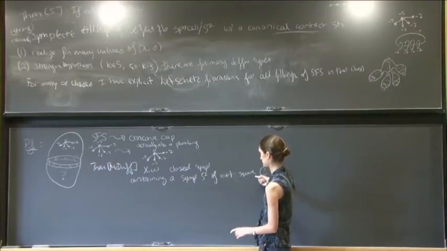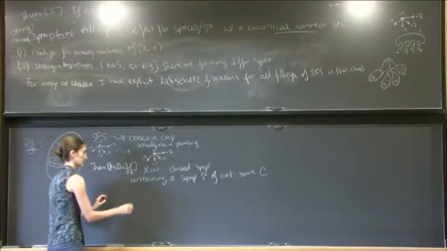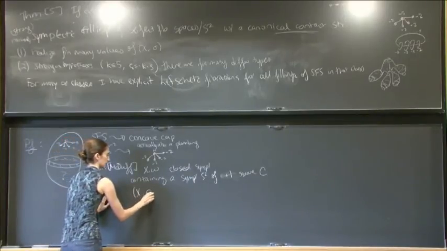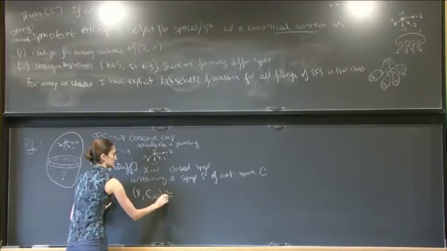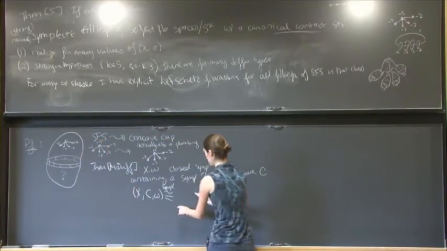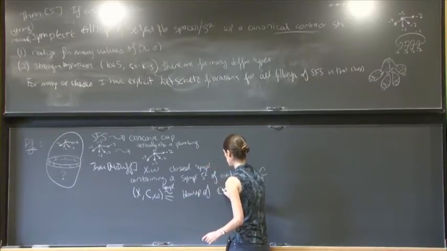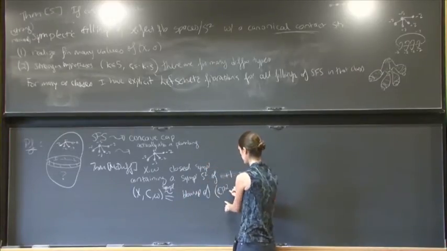Let's call that embedded symplectic two-sphere C. Then this triple (X, C, omega) is symplectomorphic to a blow-up of CP2.